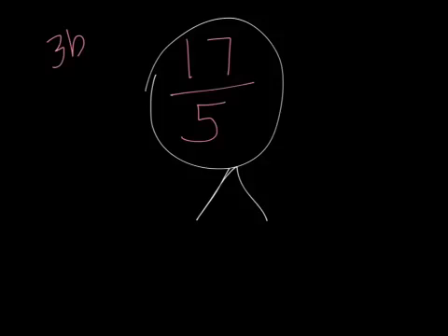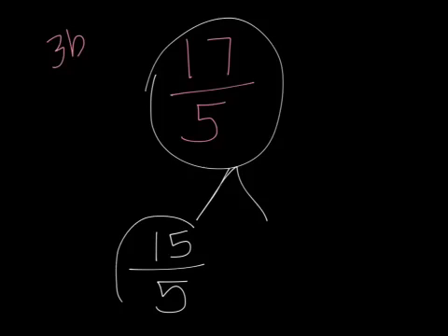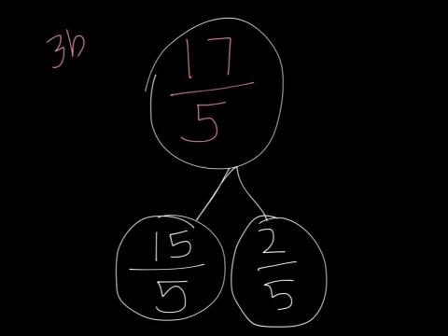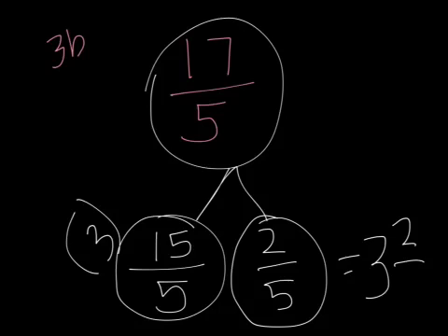So we go back to 15/5. Since we had 17 to start with and we used 15, we know that we would have 2/5 remaining. If we have 15/5, 15 divided by 5 is 3, so it is equal to 3 wholes. So we would be left with 3 and 2/5.